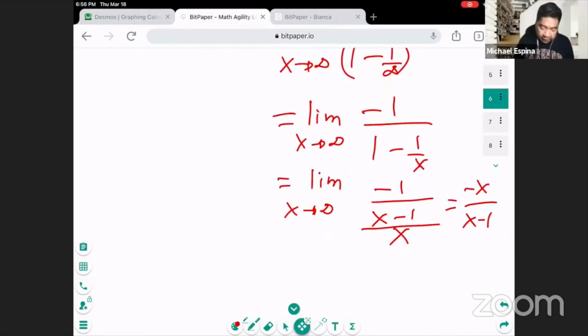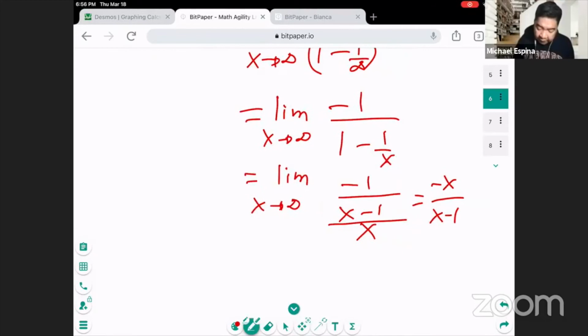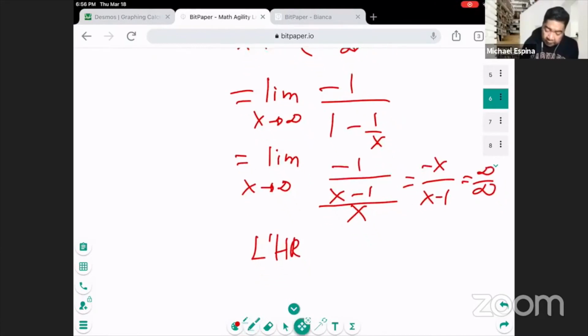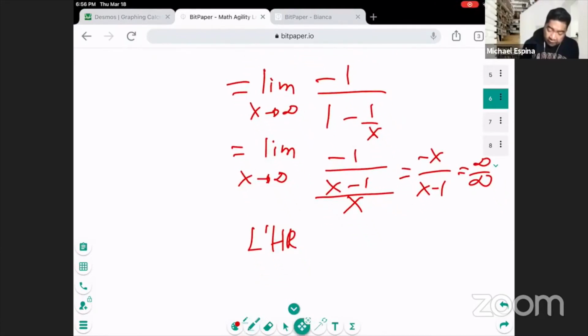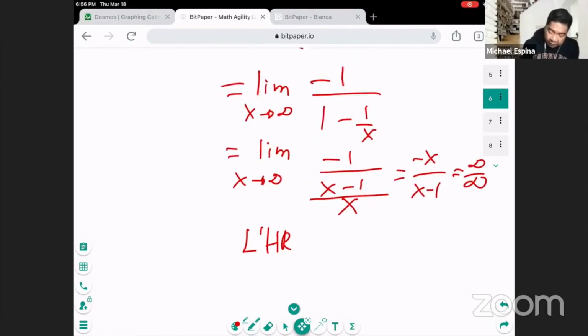If we take the limit of this, it gives us infinity over infinity. Substituting infinity gives us, again, an indeterminate form, so we need to use L'Hopital's rule. Taking the derivative of negative x, that's negative 1.